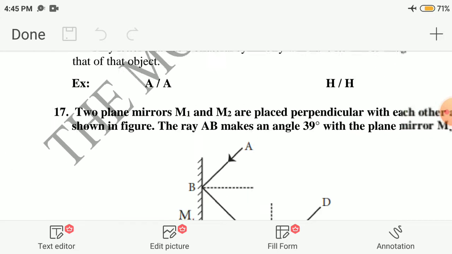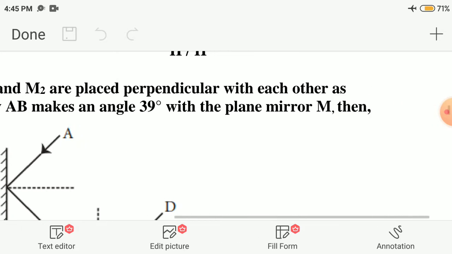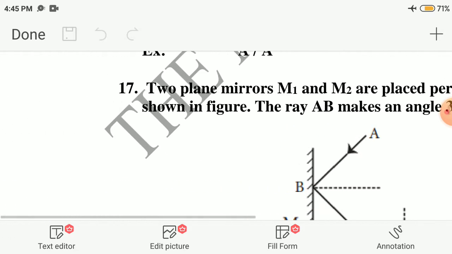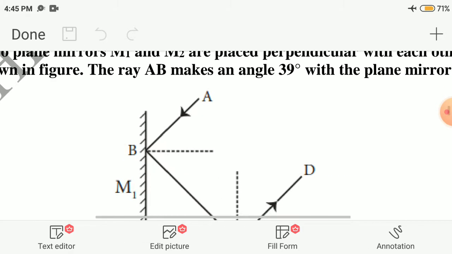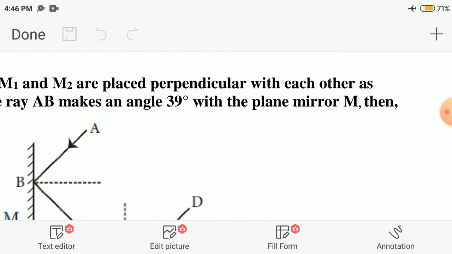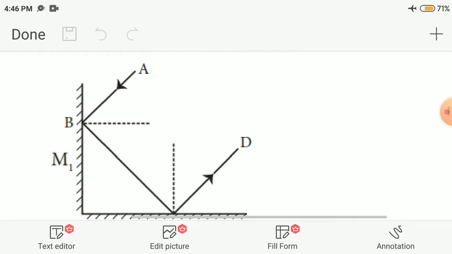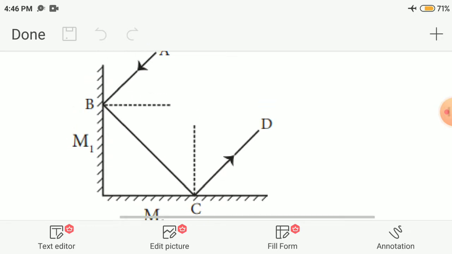17th question. Two plane mirrors M1 and M2 are placed perpendicular to each other as shown in the figure. The ray AB makes an angle of 39 degree with the plane mirror M1. Here you see the picture, M1, M2.